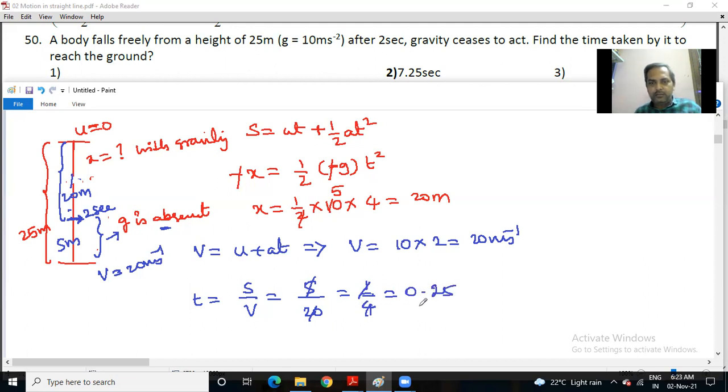So with gravity 2 seconds, without gravity it is going to take 0.25. So the answer, the time taken to reach the ground, is 2 plus 0.25, so it will be 2.25. Instead of the given options, you make a correction. So it is 2.25 seconds to reach the ground from the top.